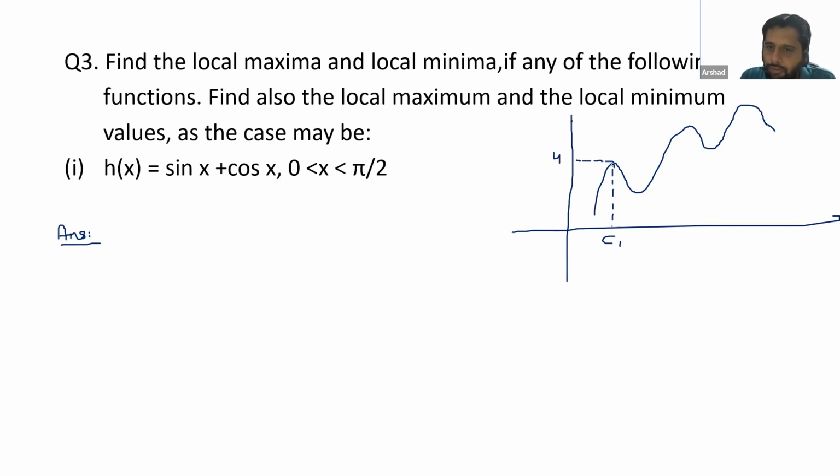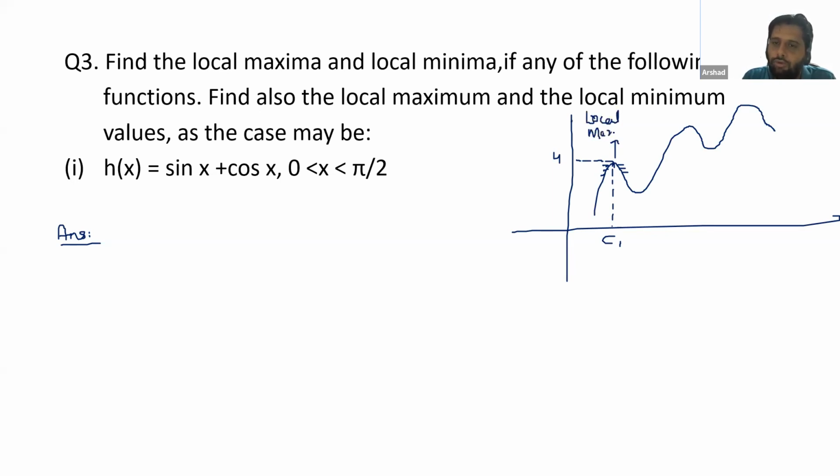If we check this value 4, then this 4 value is greater than the neighboring values. You can see here. So if we have a value which is greater than the neighboring value, left and right side both, then we will say that this is a point of local maxima.